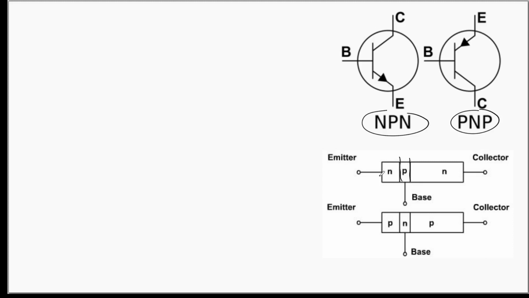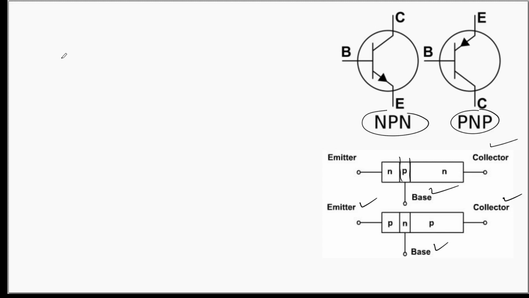This middle one is the base. The largest region in the transistor is the collector. And in the case of a PNP transistor, we see the emitter on this side with a p-type semiconductor, and the base will be an n-type semiconductor. Of the three regions, the collector is the largest one. So the thinnest region of these three is the base.